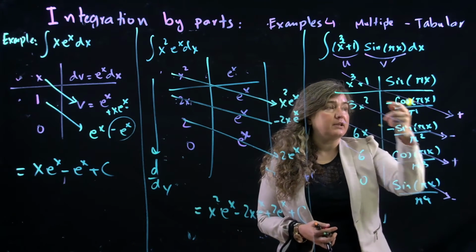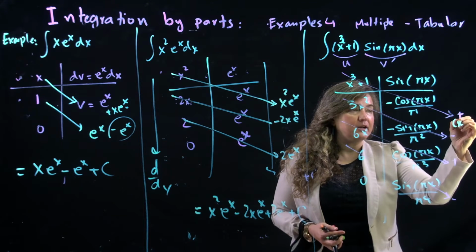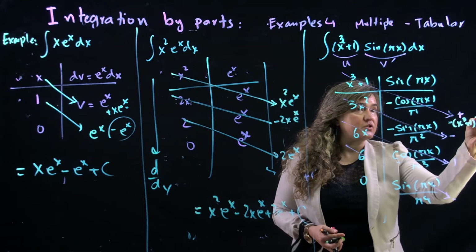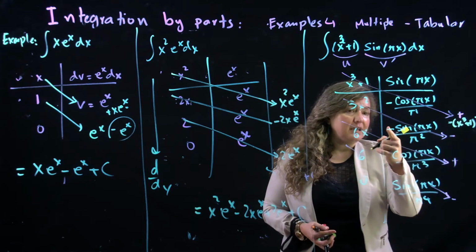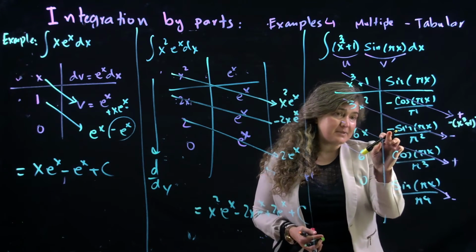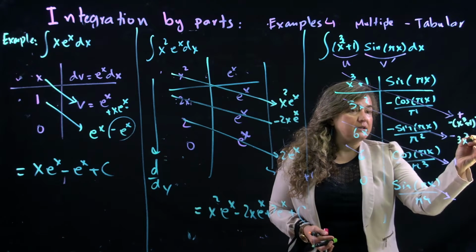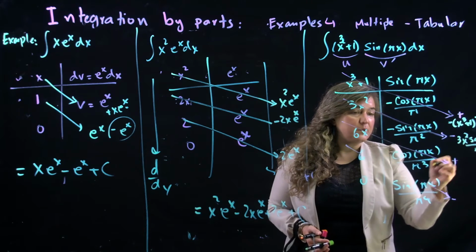You get over here, and I'm running out of space, but here: x to the third plus 1 times negative sine of pi x divided by pi. Here, these two are multiplying together, and a negative times that negative makes it positive: 3x squared sine of pi x over pi squared.